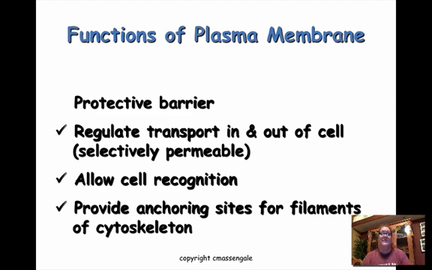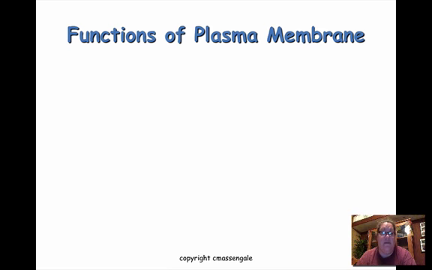It provides anchoring sites for filaments of the cytoskeleton. We talked about this in 3.2, and that cytoskeleton allows it to attach, so it gives it some structure. It's an anchoring point, so it stays more sturdy, and it's a sturdier cell.